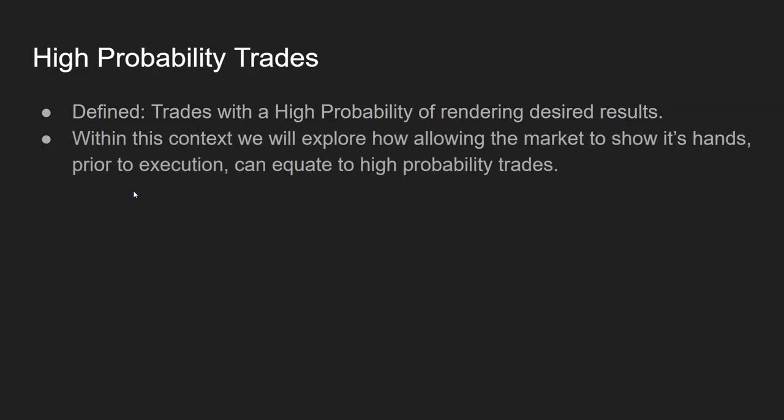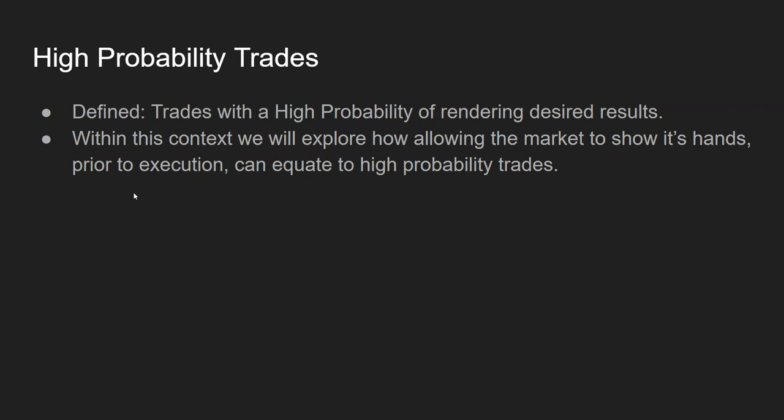So within this context, we will explore how allowing the market to show its hands prior to execution can equate to high probability trades. What I mean by this is we're not just going to go in there willy-nilly trading. We want the market to show its hands.